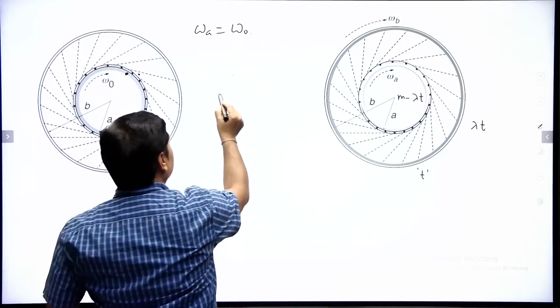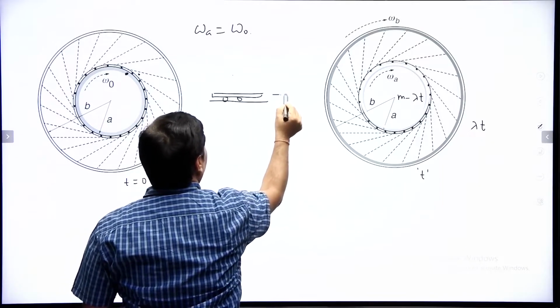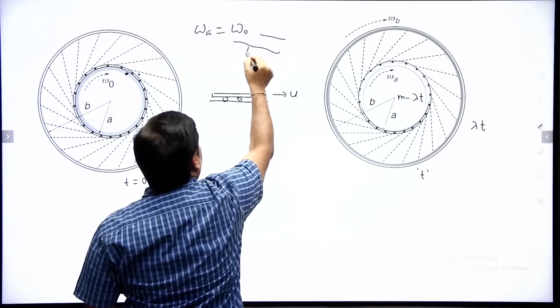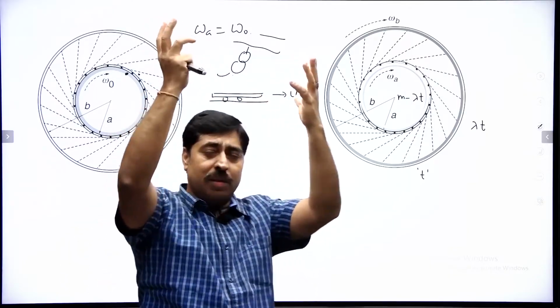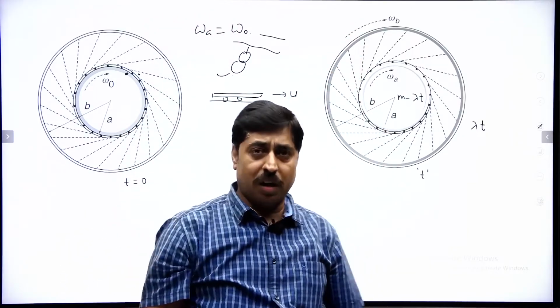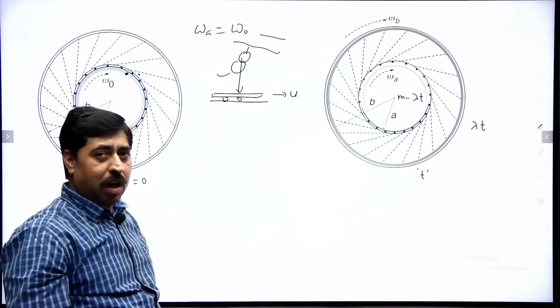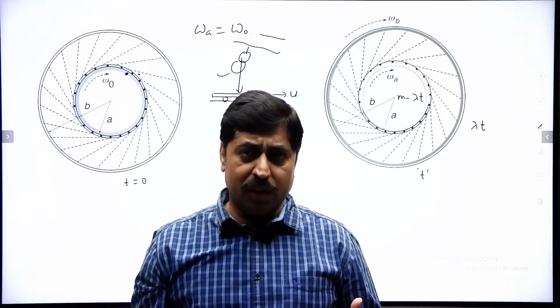Again, you can compare it to this situation: a cart is moving with some velocity u, and there is a tree here, a monkey hanging from this tree, and the monkey suddenly leaves the branch and falls on the cart. If the monkey lands vertically, will the velocity of the cart change?